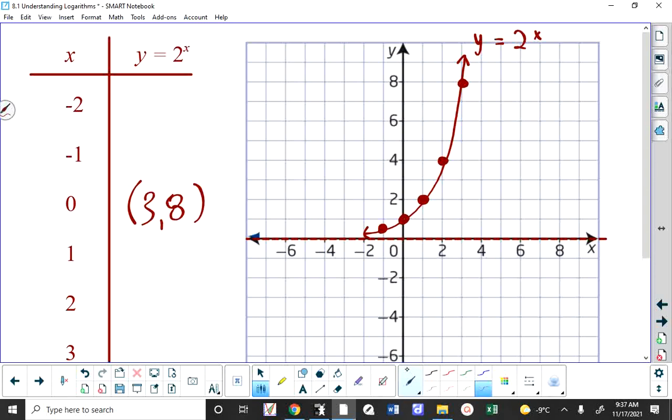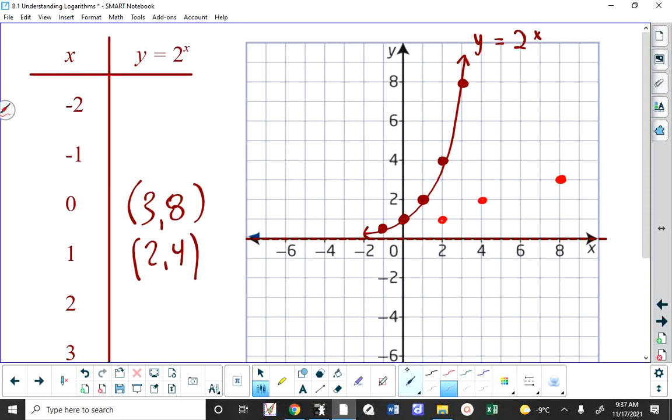If you don't have to, you don't need to. But 3, 8 is going to map to 8, 3. 2, 4, on the original graph, we switch x and y because this is what happens with an inverse, becomes 4, 2. 1, 2 would become 2, 1.